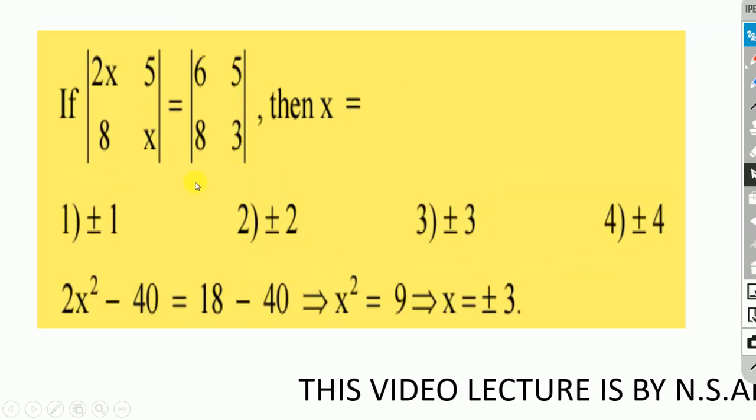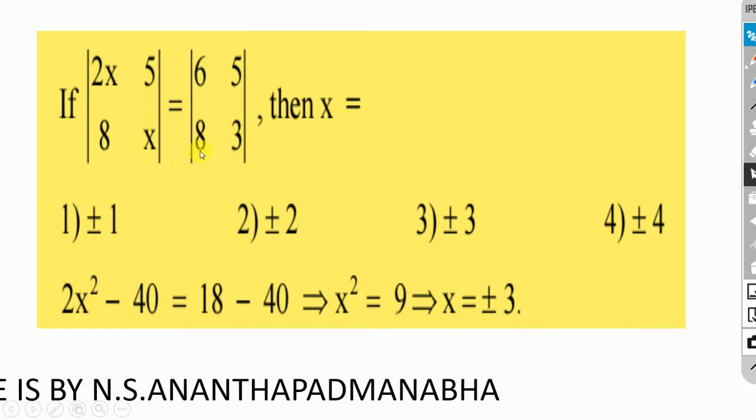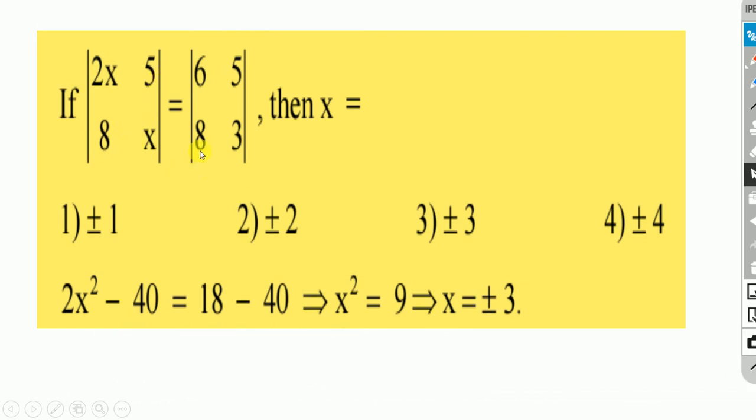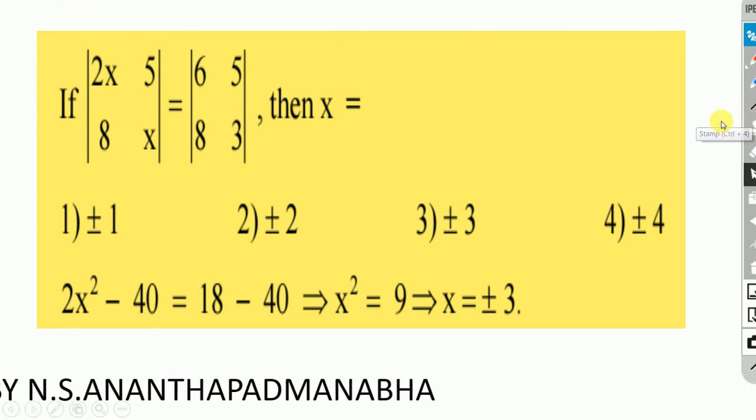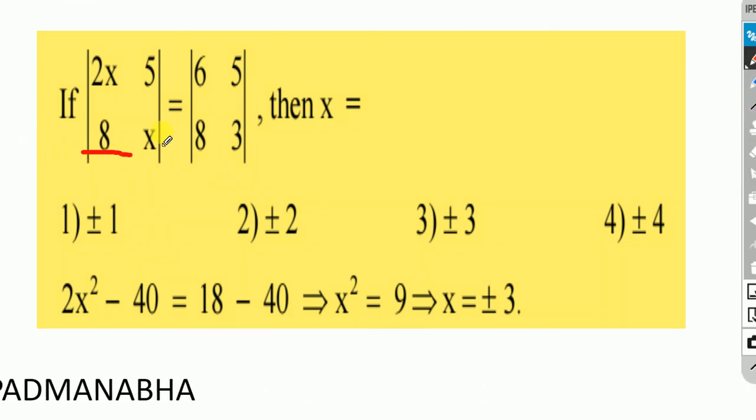A similar question, 2x 5, 8 x, has appeared in the previous CET examinations. 2x, 5, 8x, 6, 5, 8, 3, 2: 2x into x is 2x square, minus 8 into 5 is 40, 6 into 3 is 18 here, 8 fives are 40 here.